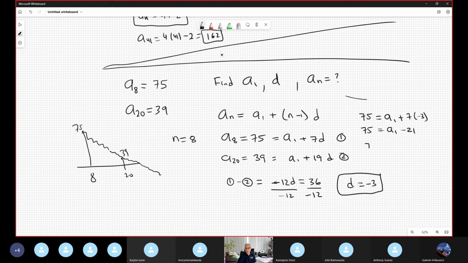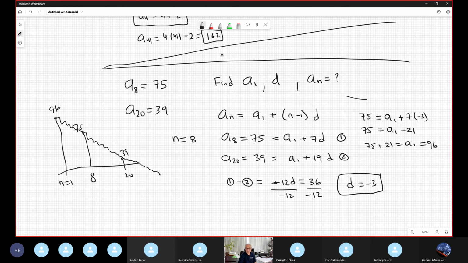Therefore, A1 is 75 plus 21, which is 96. Wow, my sequence at n equal 1 starts at 96.